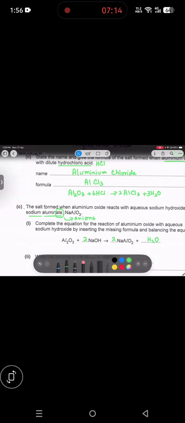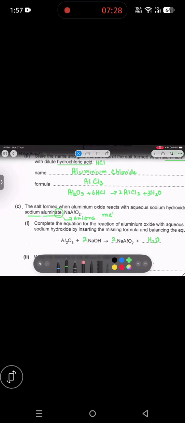Am I right? And one more thing: these aluminates have a class. There is another class of aluminate, known as a metal aluminate.